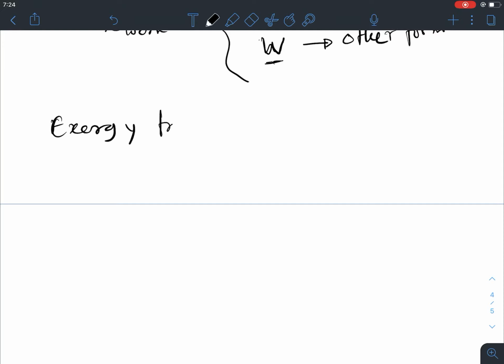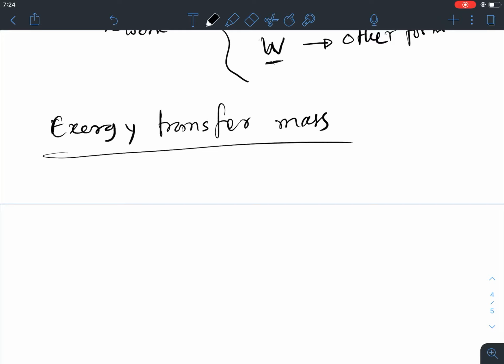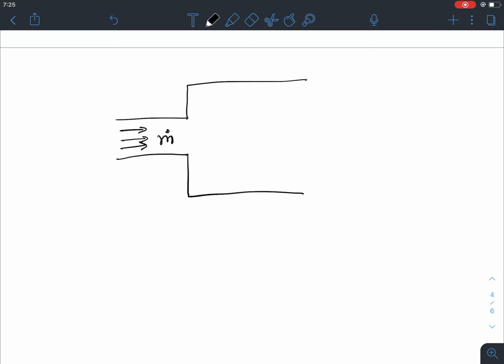Also, let's write one more topic, exergy transfer by mass, right? How is it possible? If you have a thermodynamic system where some constant mass flow is coming in, and some constant mass flow is outgoing as well.